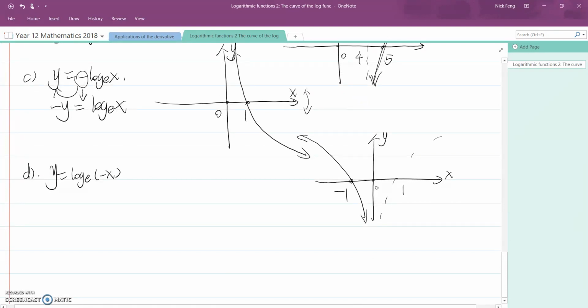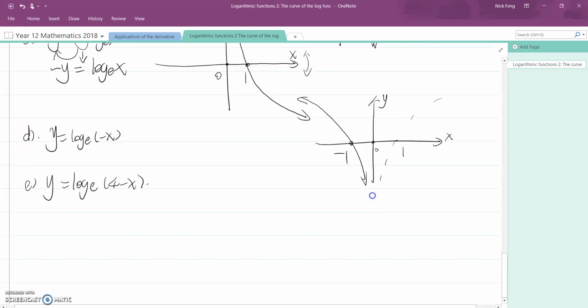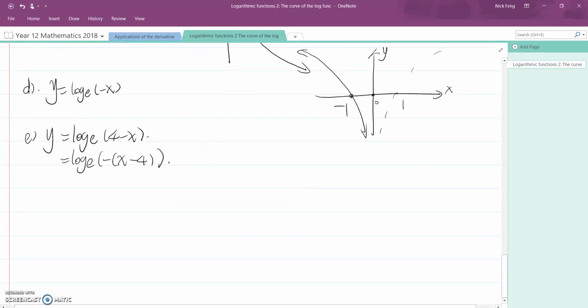Now the last one here we have y equals log of 4 minus x. Another one, this is a big trap because you have to understand it in this way. Even though you have a positive 4 here, it doesn't mean it's moving to the left by 4 units. Because remember what I said, both x and y need to be a positive single coefficient at the front of the bracket.